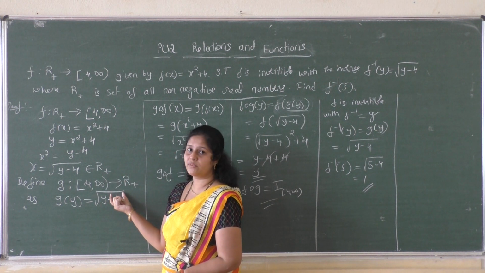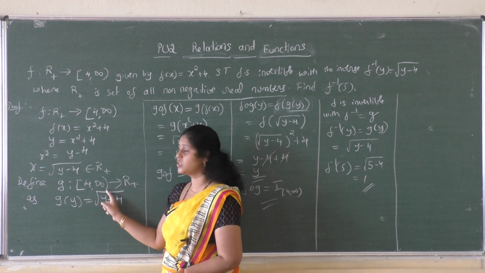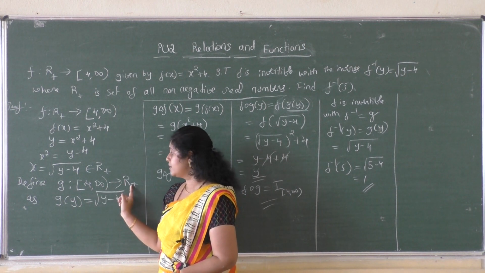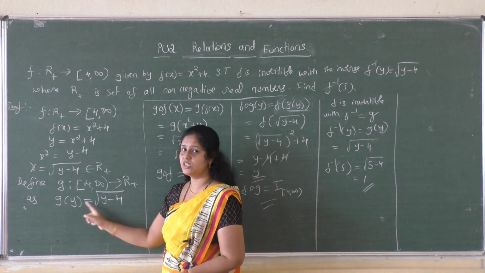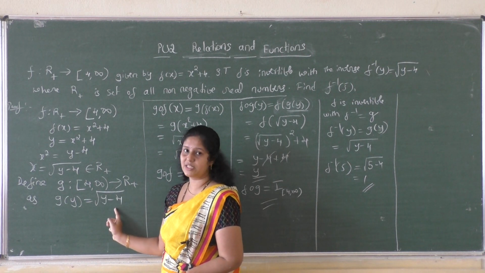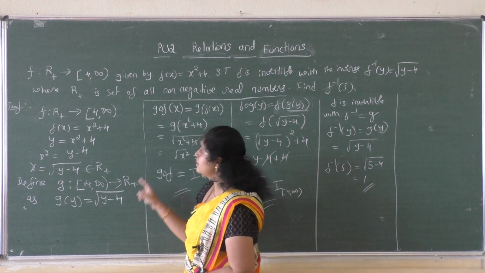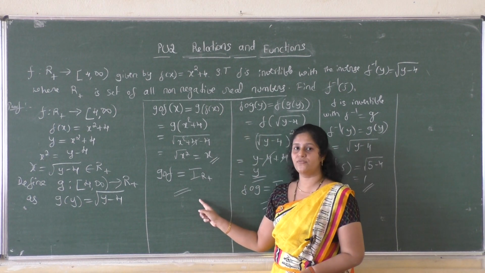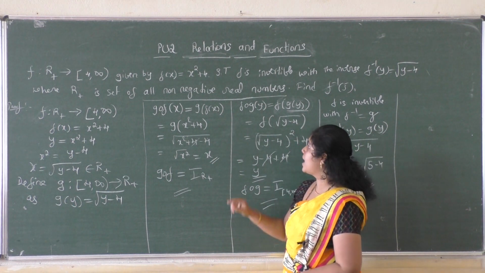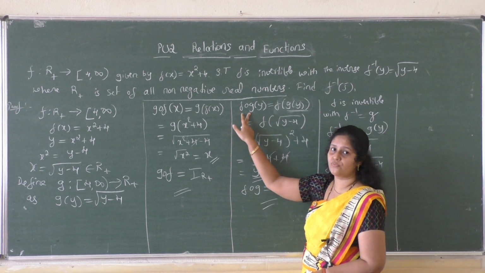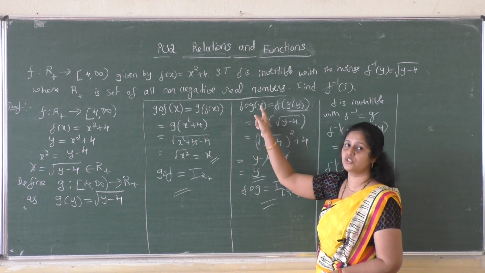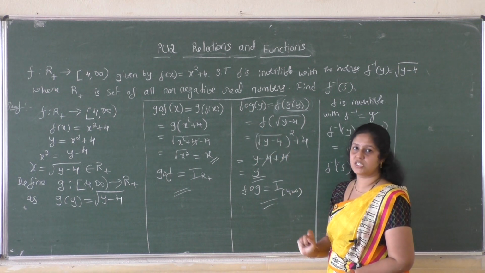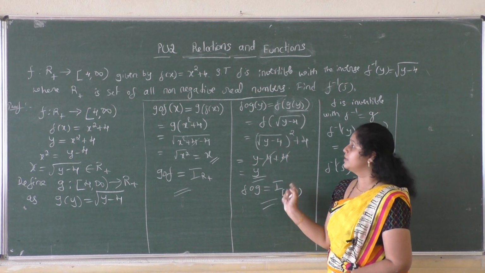Then we have to define what is function g. Define g in a reverse order to function f. Then define g of y, that is an element of the domain set. Then write g of f of x, show that g of f is identity, and similarly f of g, you have to find f of g of y, show that f of g of y is equal to y, that means f of g is identity.